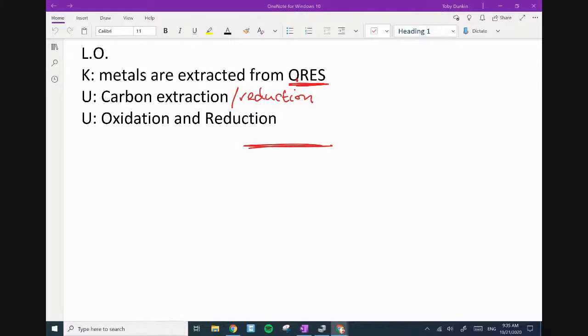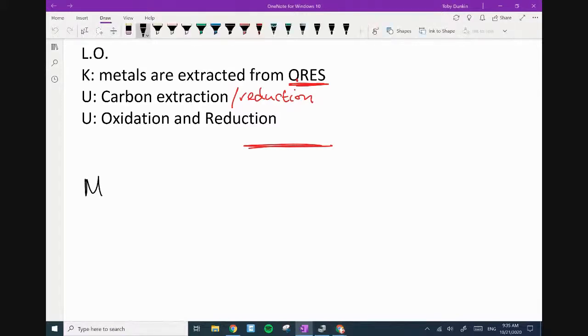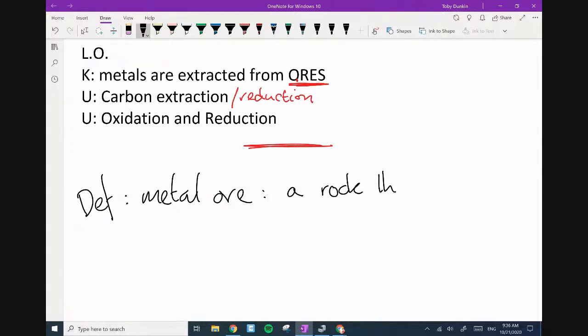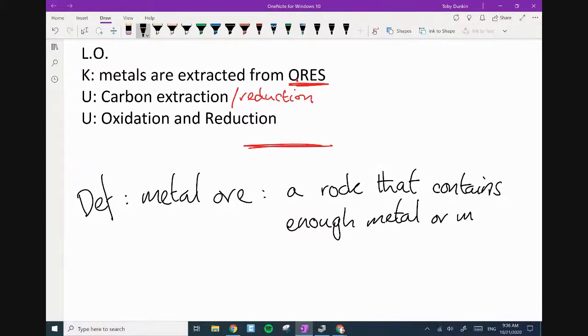Cool. Right. Okay, guys, let's try that again. A metal ore. Definition. Let's add that. Definition. So this is a metal ore. A metal ore is a rock that contains enough metal or metal compound.